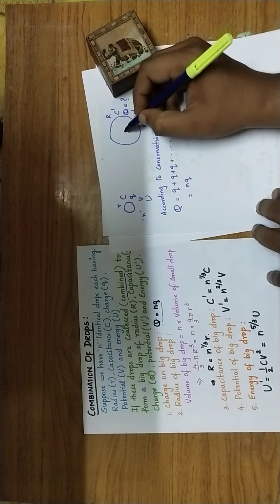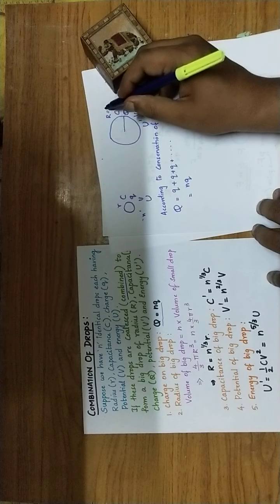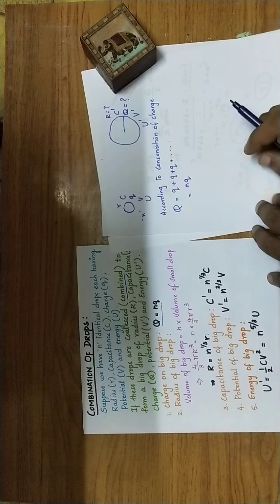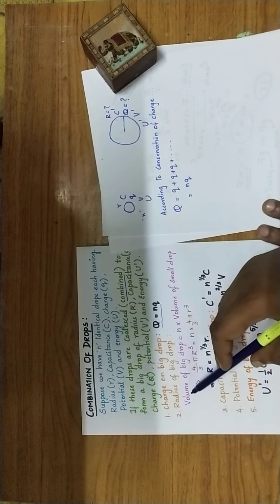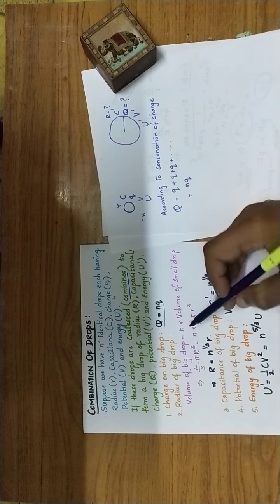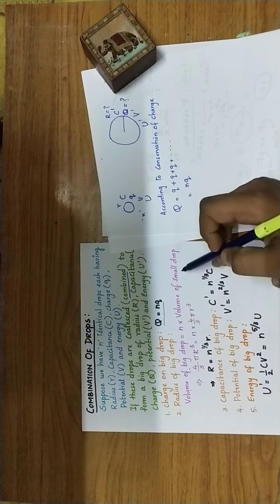Then the radius of the big drop related to the smaller. The volume of the big drop is nothing but n times the volume of a small drop.